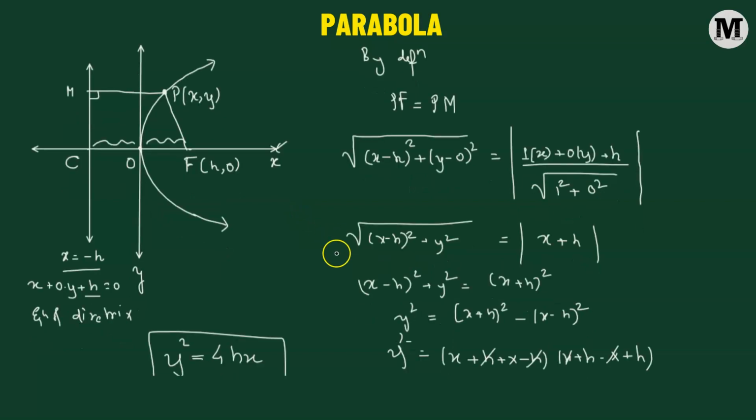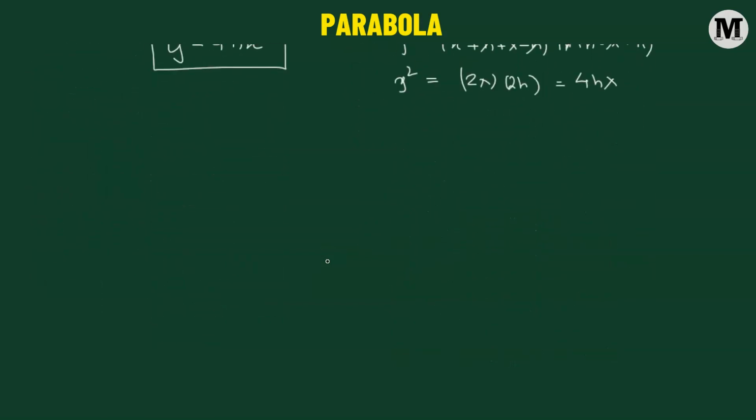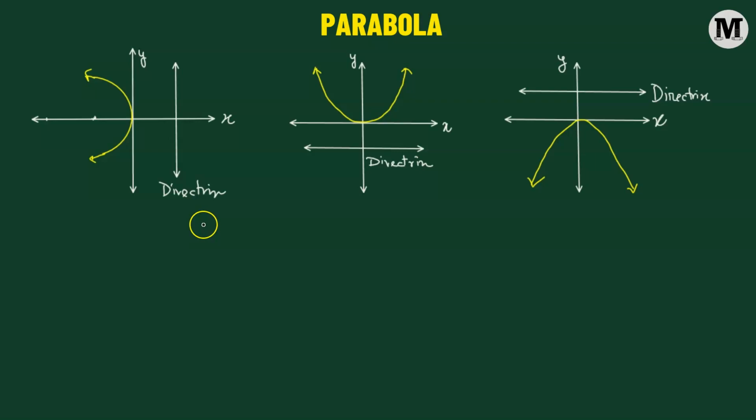So now that we have the equation for the standard form of a parabola, there are 3 more forms. So let's discuss all the other 3 forms. So here we have the 3 other cases. So let's talk about the first one. We have the x-axis and the y-axis. We have a left-facing parabola such that its vertex is touching the y-axis at the origin.